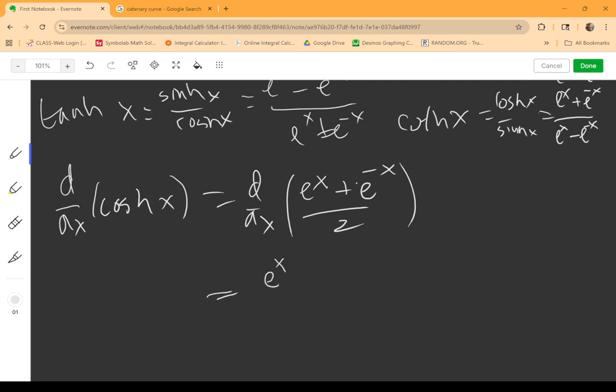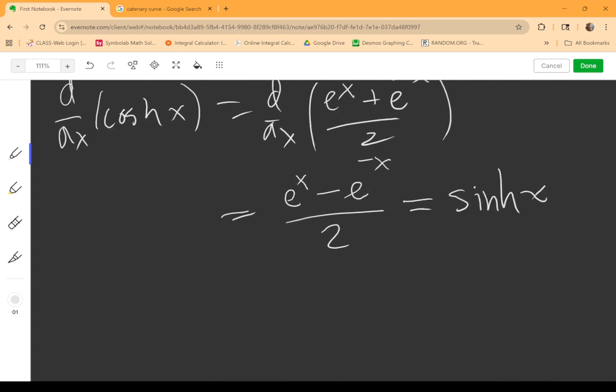The derivative of e to the x is e to the x, and the derivative of e to the negative x is negative e to the negative x, all over 2. And then we can see that that is actually sinh of x, the hyperbolic sine.